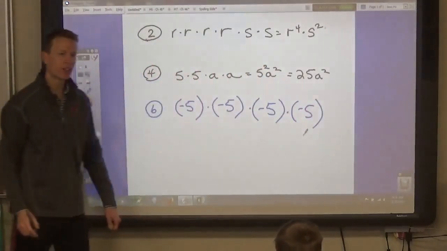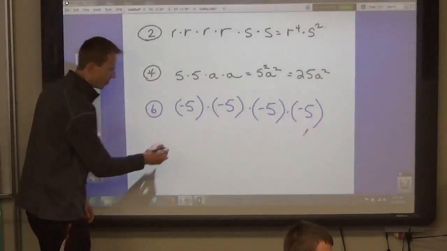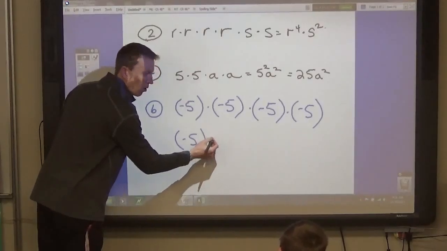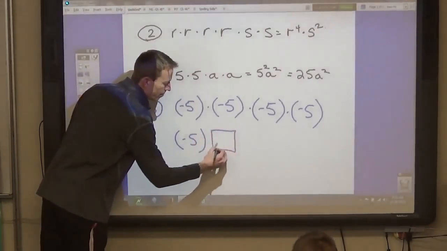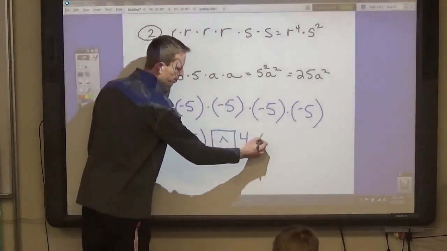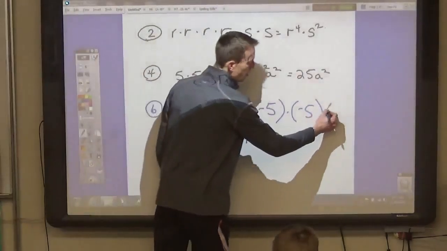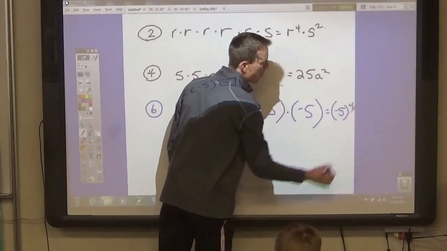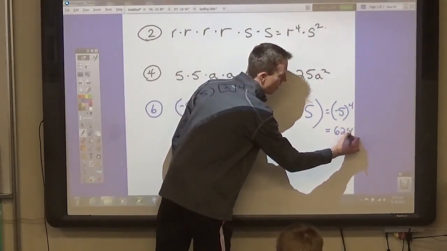So how do you put that into your calculator? You do parentheses and then negative 5, close parentheses, and then the caret button, and then 4 equals. Okay, good. So it's negative 5 to the 4th, or positive 625.